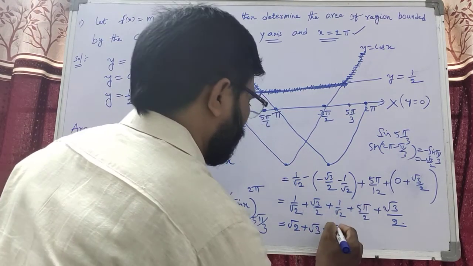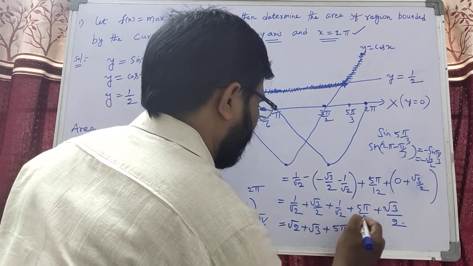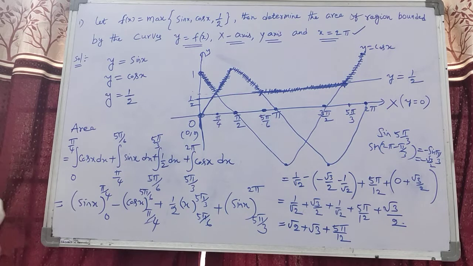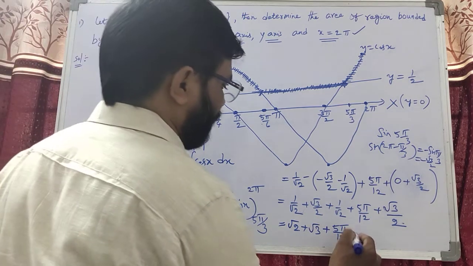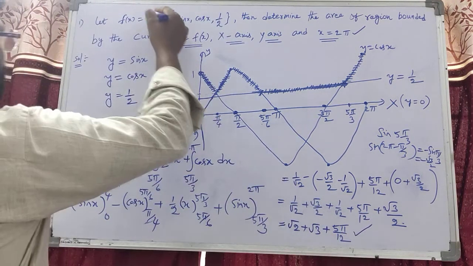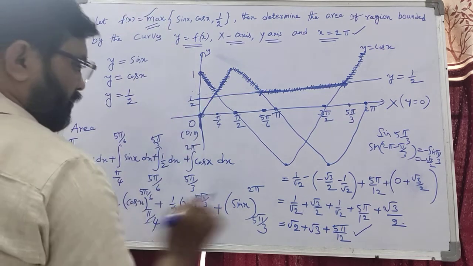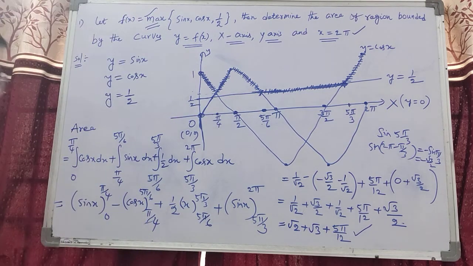Plus 5 pi by 12, in square units. The answer is root 2 plus root 3 plus 5 pi by 12. This is the area of the required curve when we take the maximum function. If the minimum is given, you can continue the same process. Okay students, understand?